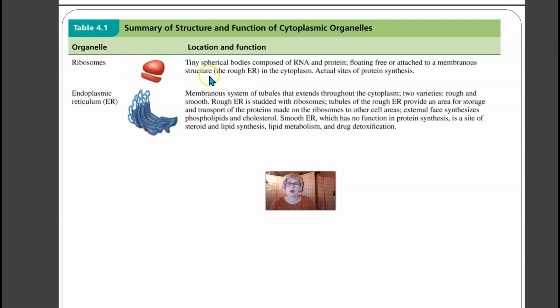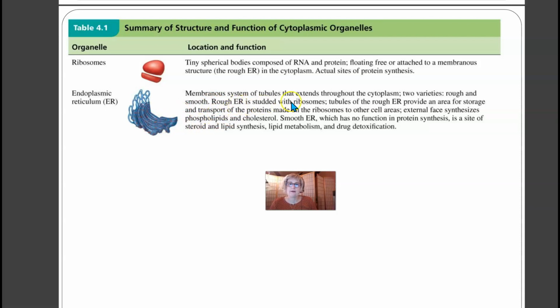So the ribosome's main purpose is that they are tiny spherical bodies composed of RNA and protein. They like to float free, and they also will be attached to the rough ER in the cytoplasm. And so this is the actual site of translation phase of protein synthesis. Now the endoplasmic reticulum is a very interesting site, because I already told you that if it's the rough ER with the ribosomes, we're making protein.